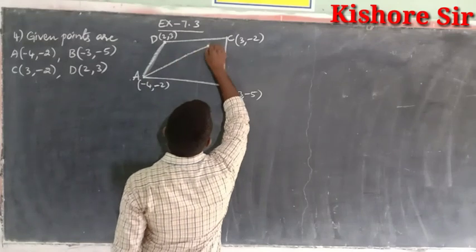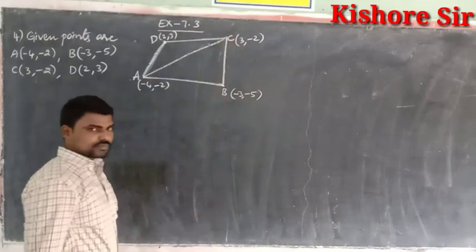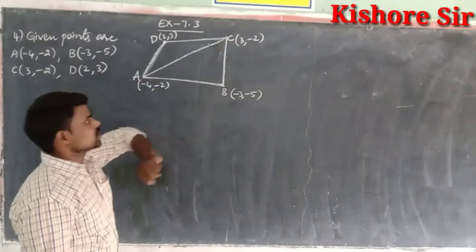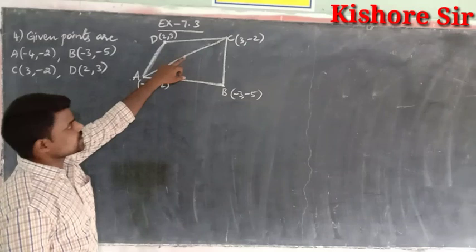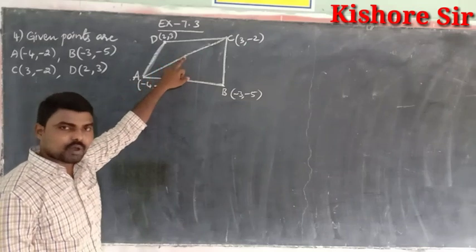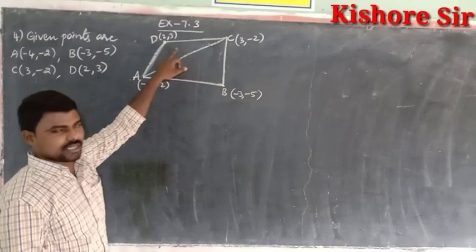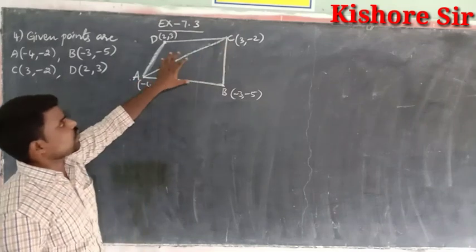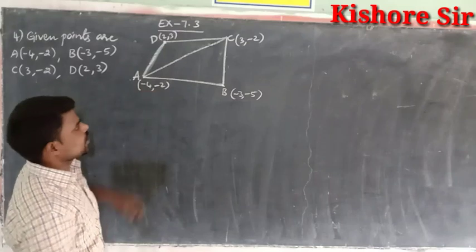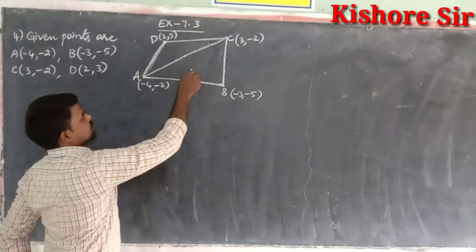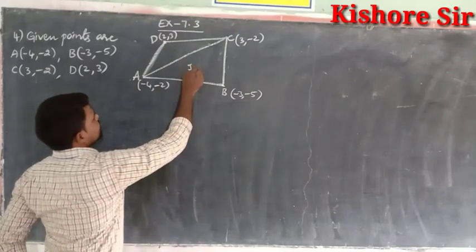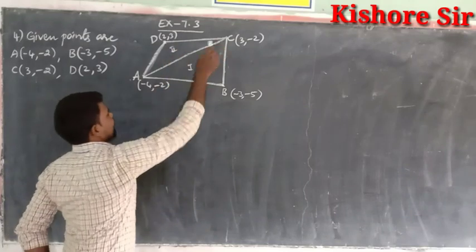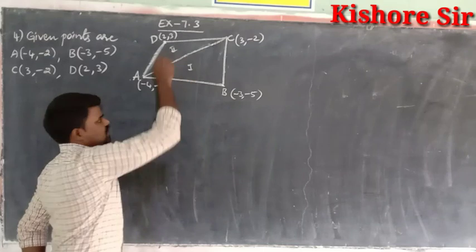One diagonal you can draw is AC. See here, the diagonal AC divides the quadrilateral into 2 triangles: triangle 1, triangle 2.